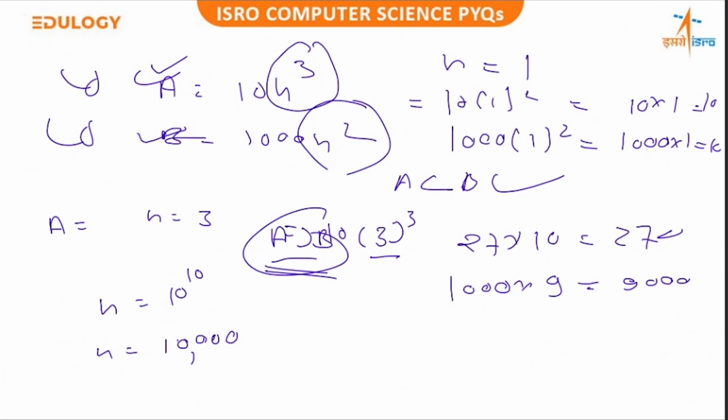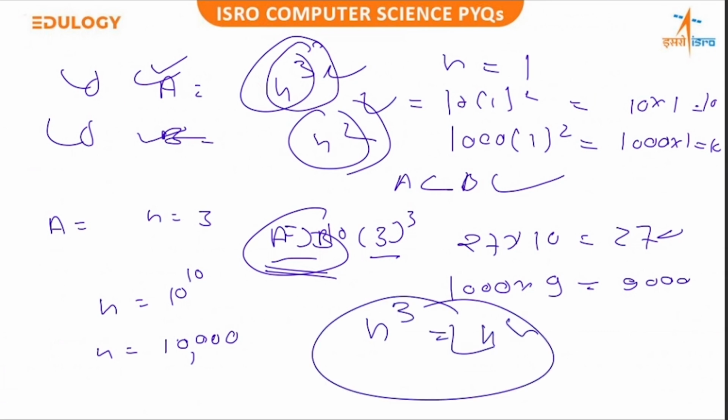In algorithm analysis we ignore the constants. We are not bothered about constants. We always think about the growth of the function. We neglect the constants and take care of only the functions.